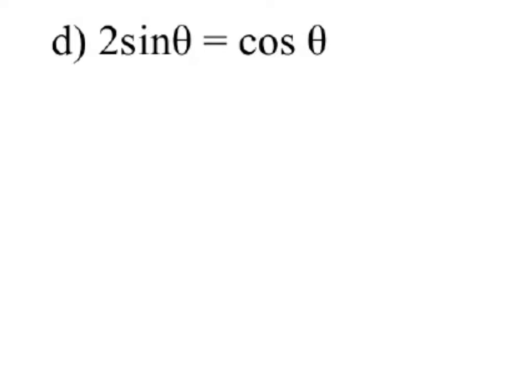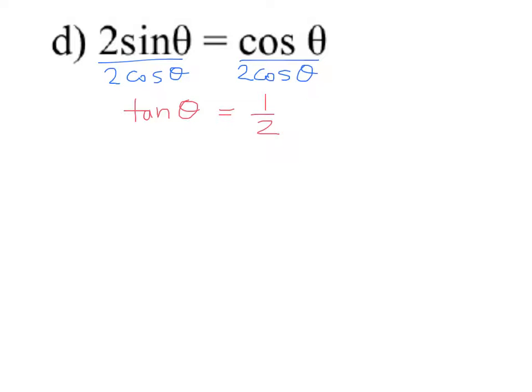So what we're really going to do is divide both sides by 2 cos theta all in the one move, all in the one line of working. So on the left hand side, the 2's cancel and you're left with tan theta. And on the right hand side you're left with half, because the cos thetas cancel. Okay, now tan theta equals half.